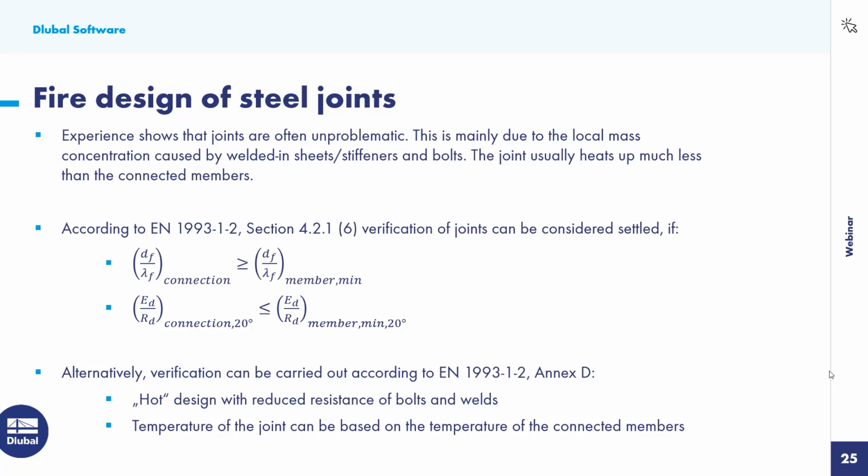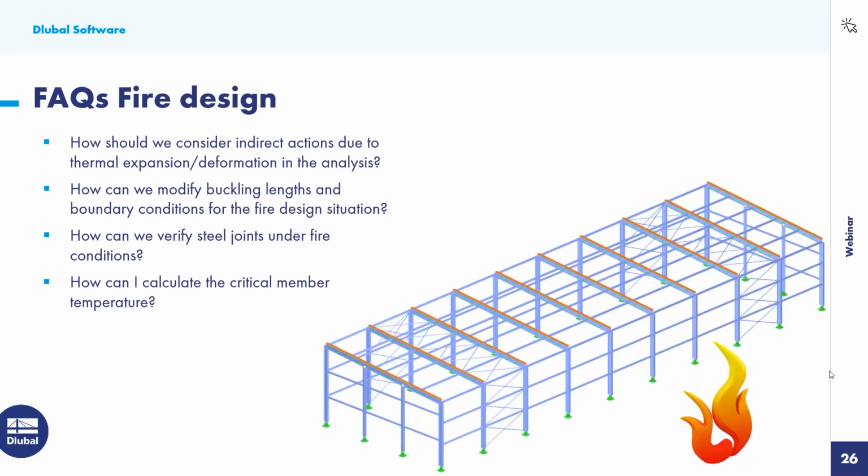You can calculate this temperature by using our program, of course. And then with this temperature, you could derive the reduced capacities of bolts and welds and then verify your joint with those.